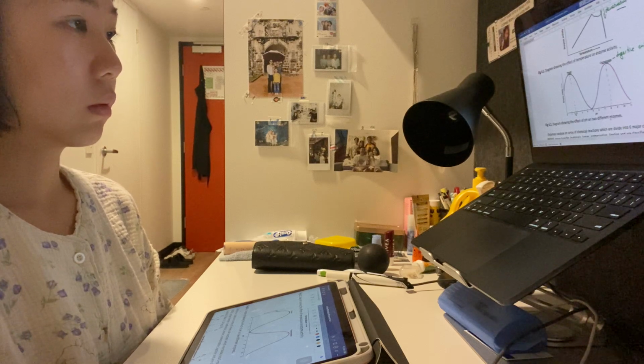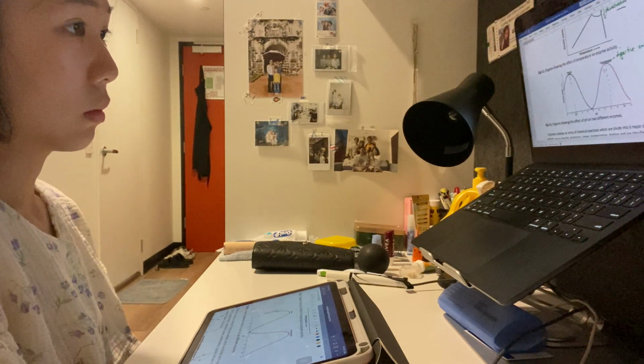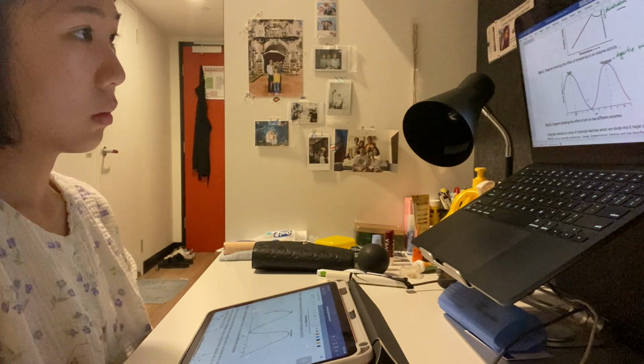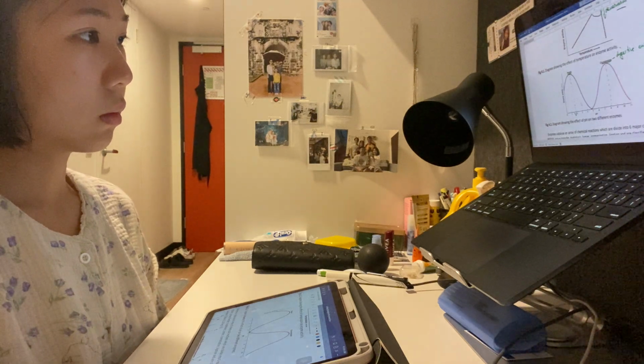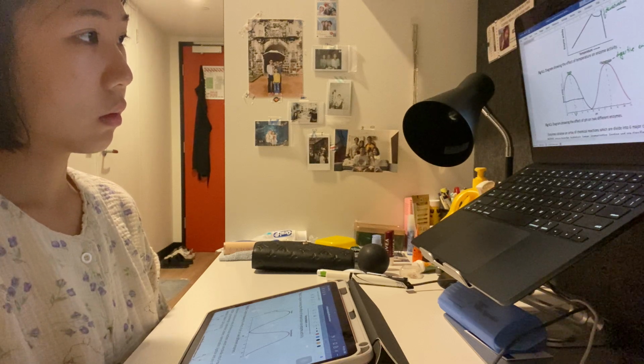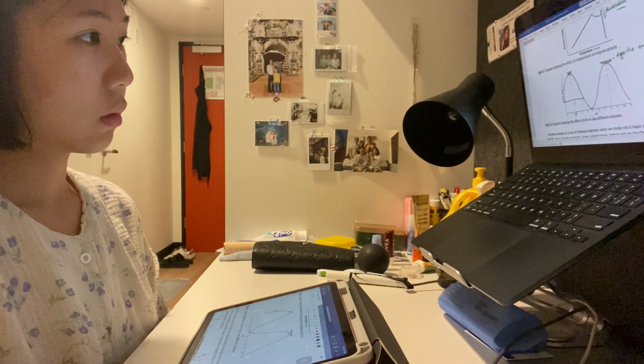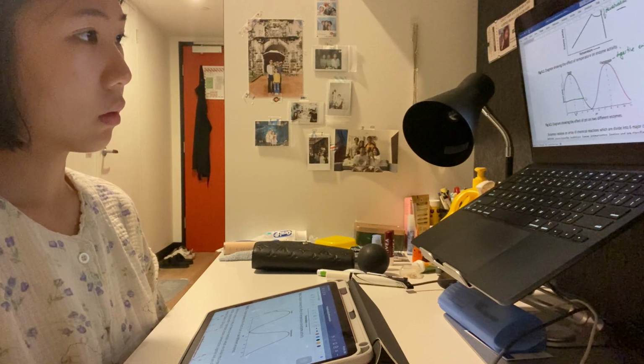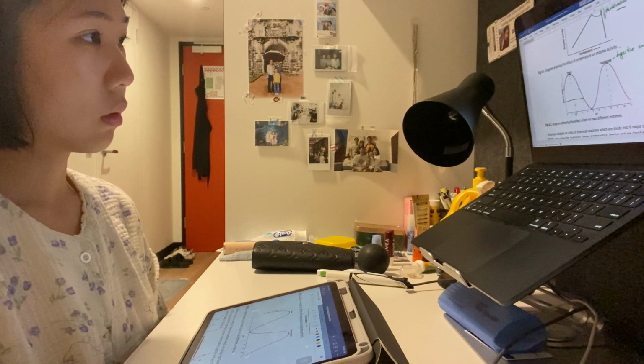Chymotrypsin is about 8. So quite different. So these will still work at, say, pH 3 or pH 3.5, but notice it's about a third as active. So these are the optimum temperature and pH for that particular enzyme or enzymes.